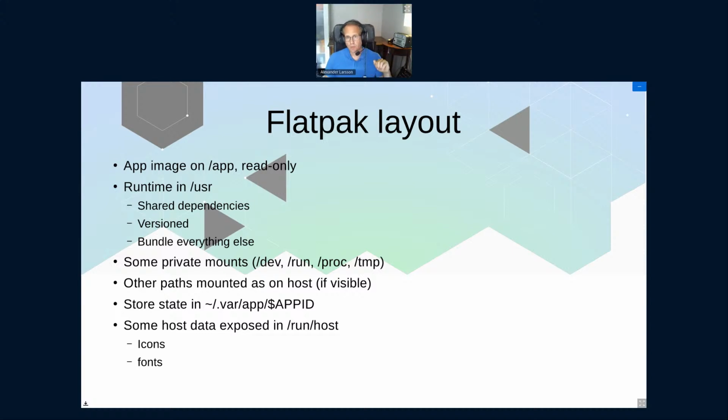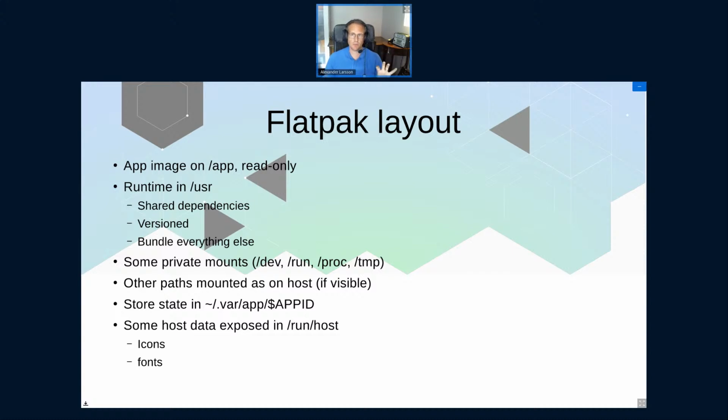And what we do is, first of all, we have the app in a place called /app, which is a new top-level directory. So hopefully no one else has that, so it will not run into any conflicts with anything. And in /usr, we add something called a runtime. And the runtime is like a mini distro or a base image.